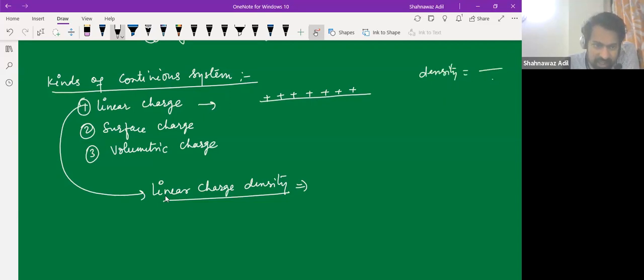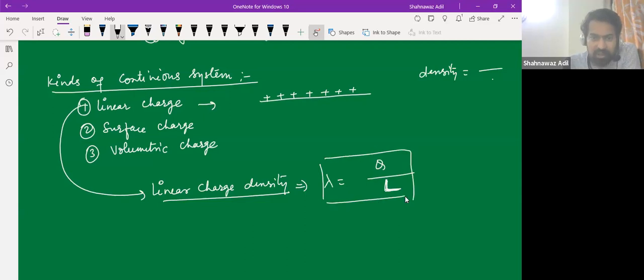If this is linear, then the denominator would be length L, and we are calculating charge density, so this is Q. So this is called the linear charge density.